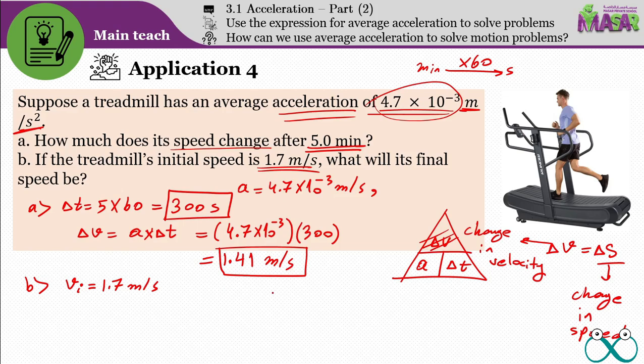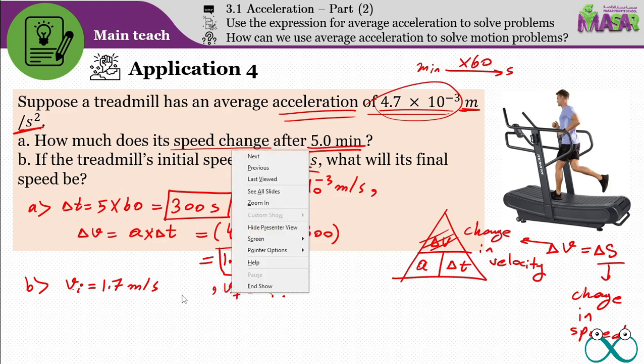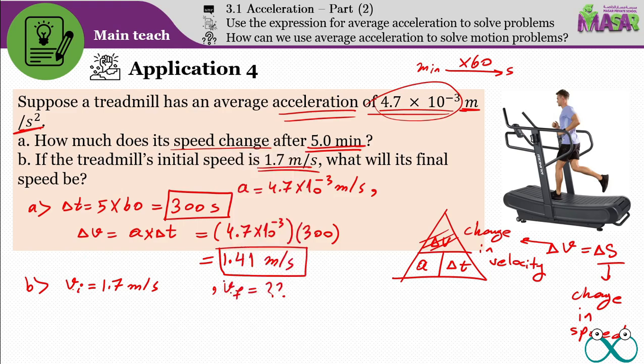We still need the final velocity, and there is a relationship that links delta V with V initial and V final. We can equate them to produce an equation with one unknown. By solving this equation, we can figure out the V final. So let me do it together. So delta V here is equal V final minus V initial.